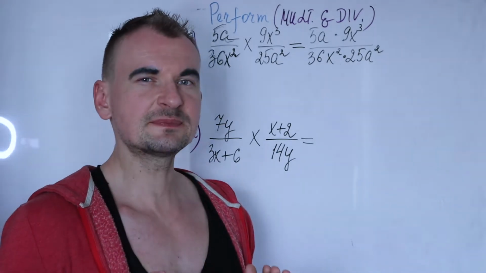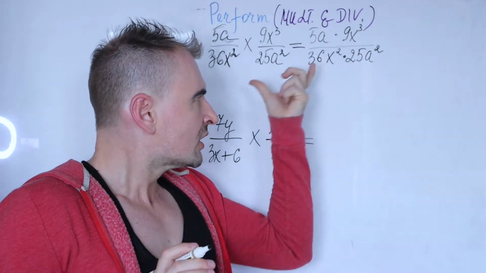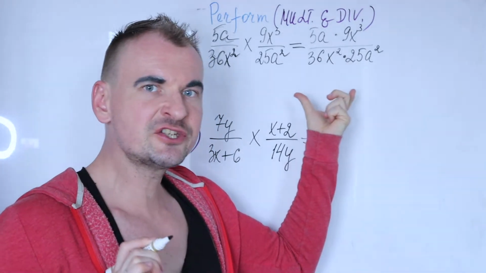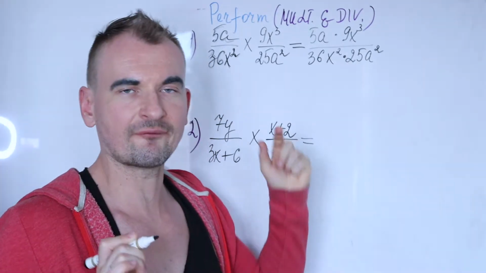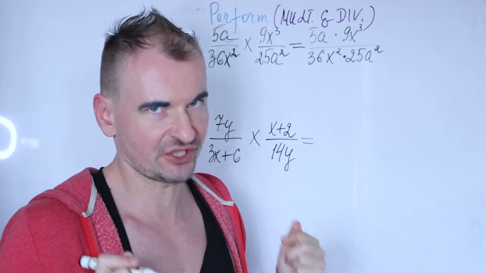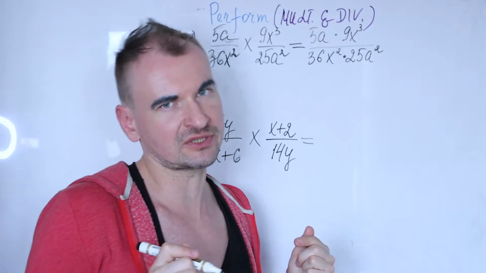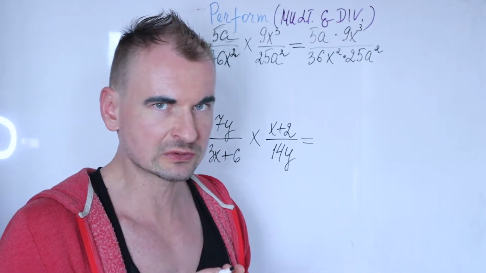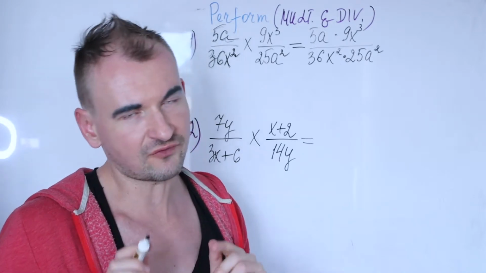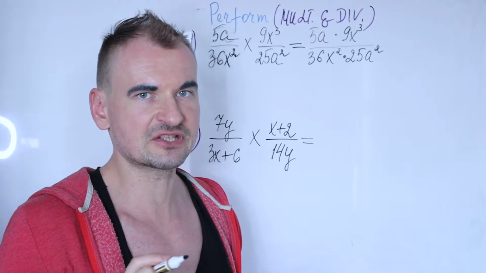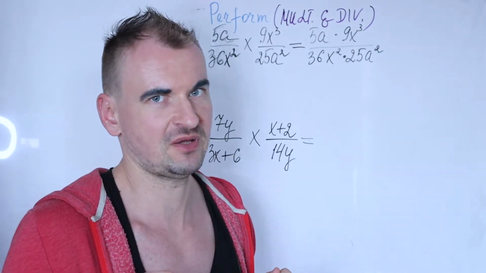Now, at this point, check to see if you can reduce the resulting fraction to its lowest term, because this is important, and you always want to get your final resulting fraction into the simplest form possible.